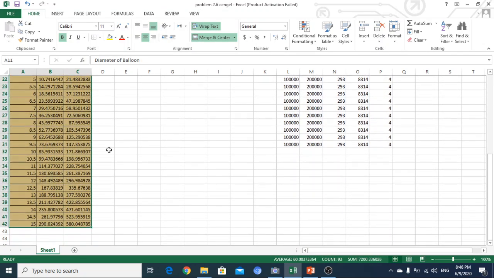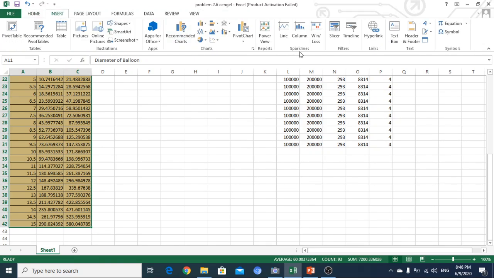It has automatically inserted the graph.